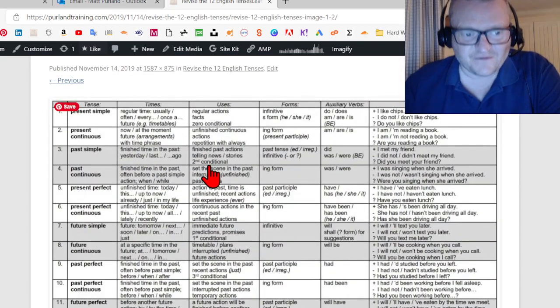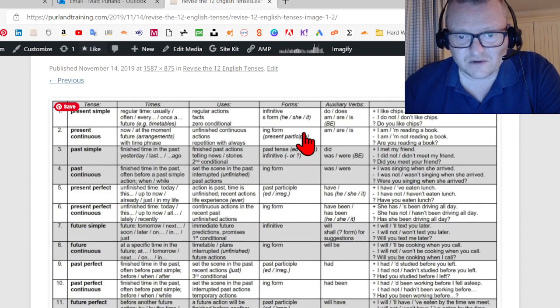And basically there's a big graphic there, a big picture with all the info about each tense, looking at times, when we use it, uses, why we use it, forms of the verb, auxiliary verbs, and some example sentences, positive, negative and question forms.